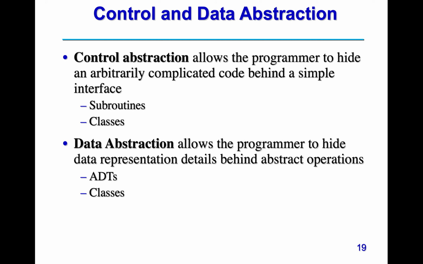So control and data abstraction are two concepts that are associated with object orientation. Control abstraction, without object orientation, in regular procedural or structured or imperative style programming, you have control structures. They allow the programmer to hide complicated code behind simple interfaces, classes, routines.